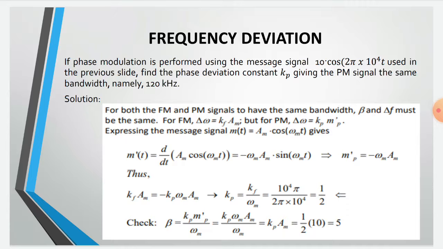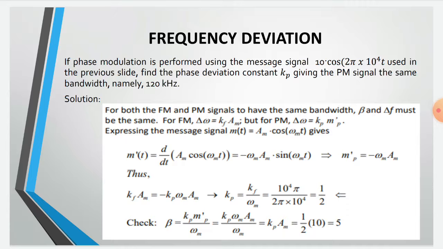Expressing the message signal m of t as Am cosine omega m t gives m prime of t, d over dt of Am cosine omega m t, equal to negative omega m Am sine omega m t. m prime p is equal to negative omega m Am.